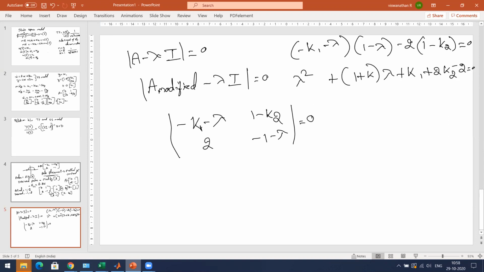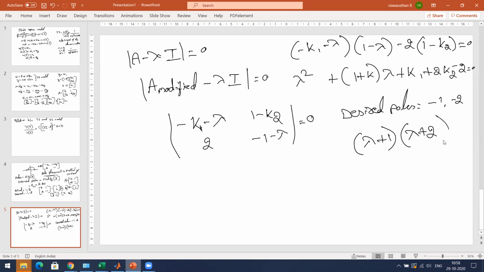Now, what are the desired poles? Desired poles are minus 1 and minus 2. So what should this equation be? It must be lambda plus 1 multiplied by lambda plus 2 equal to 0. Correct?